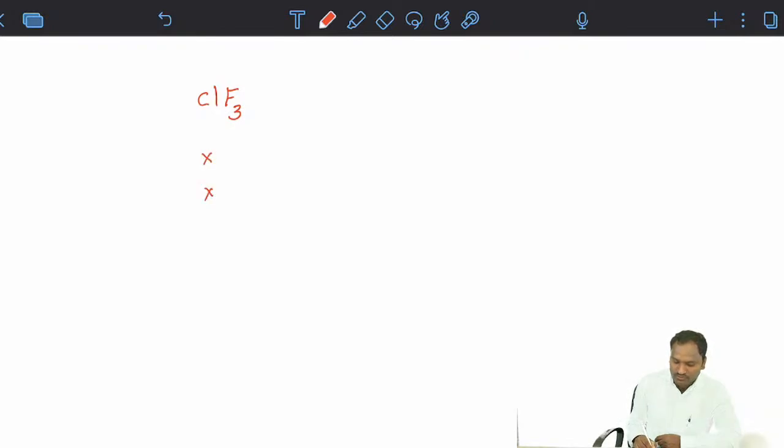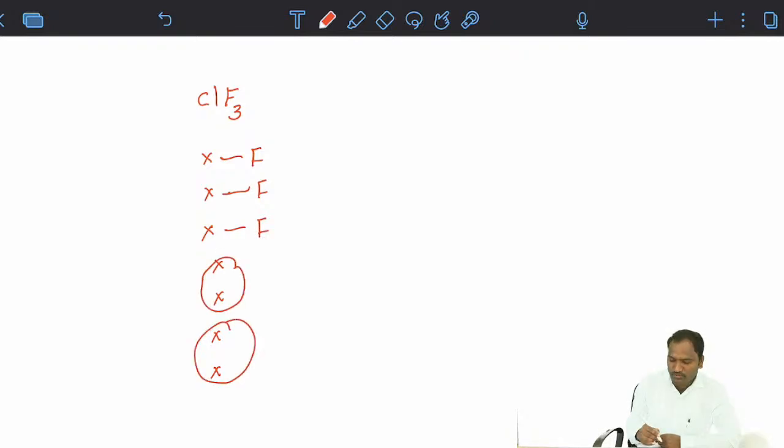Take 7 valence. 1, 2, 3, 4, 5, 6, 7. 3 fluorines can form 3 bonds and we get 2 lone pairs. 3 sigma bonds plus 2 lone pairs is equal to 5, sp3d hybridization.